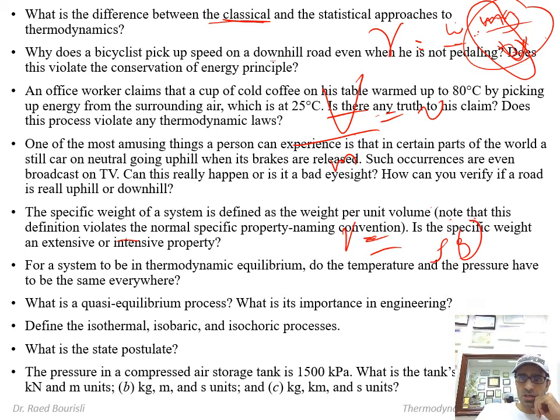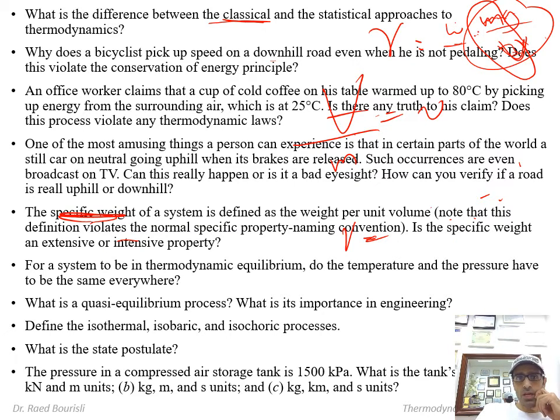And this is a constant. And is this intensive or extensive? You could say 1 over rho is just v, which is the specific volume, and this is an intensive property. So basically, specific weight is an intensive property. I don't know if this is good enough for you, but this is how I think about it.